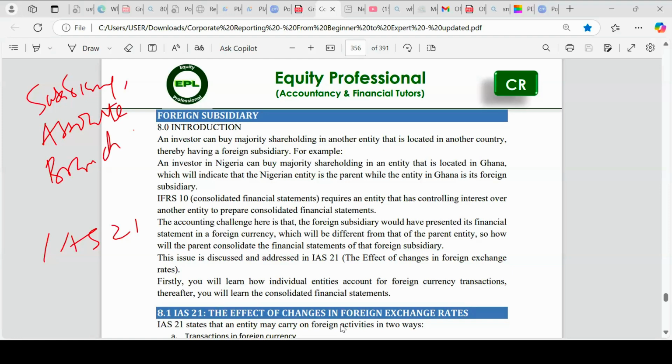So whenever this happens, you will need to make a translation, you need to restate the balances in the separate financial statement of such foreign operations. You need to bring it to the presentation currency of the parent.